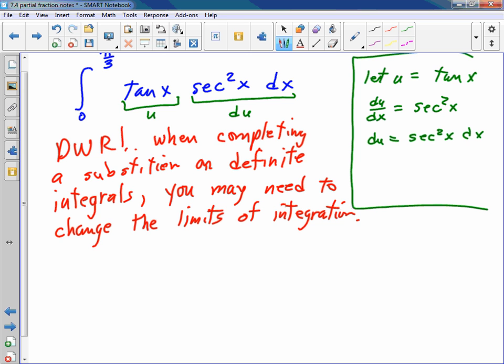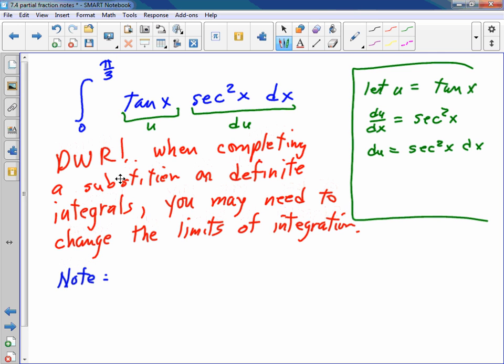But note: we've got to look at u of 0, and we've got to look at u of pi over 3. U of 0 equals tangent of 0, which is equal to, no, 0.